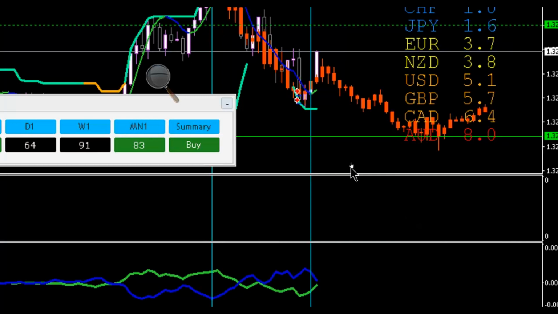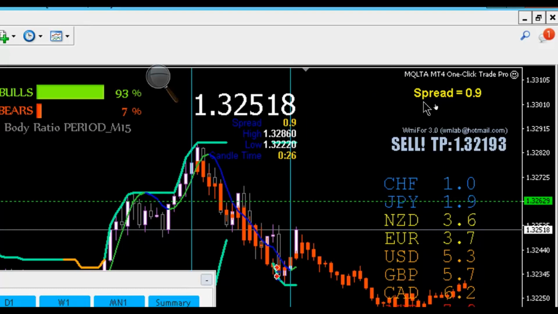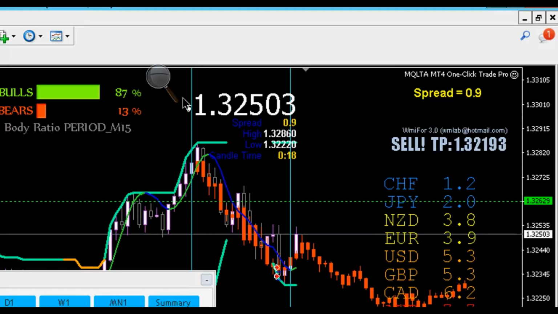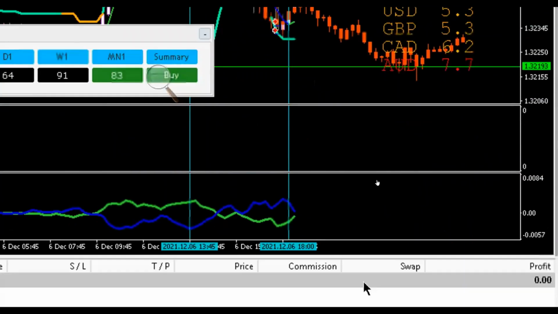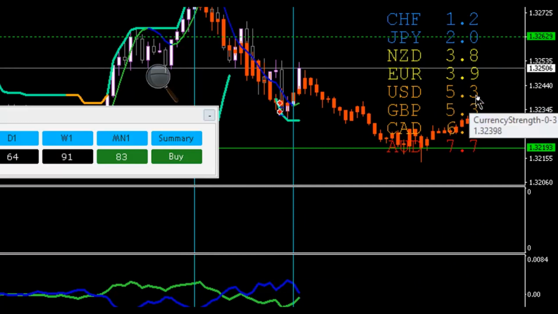I think that's basically what I want to cover in this very short little addition. The spread is 0.9, which is very good, but make a note of the current price on your notepad, and also the currency, so that you have an idea how many points it has drifted.